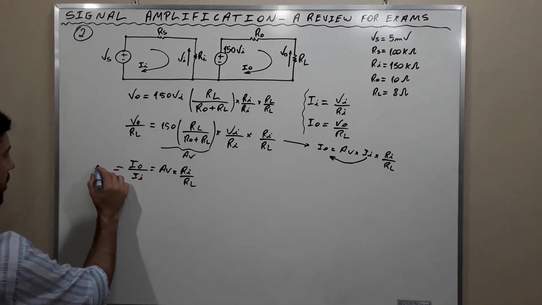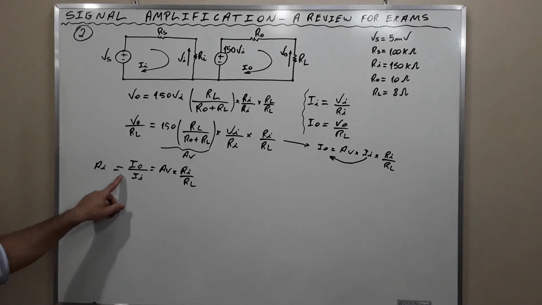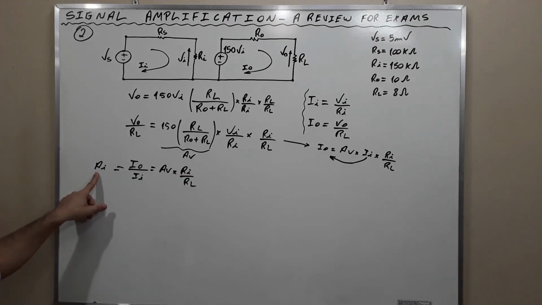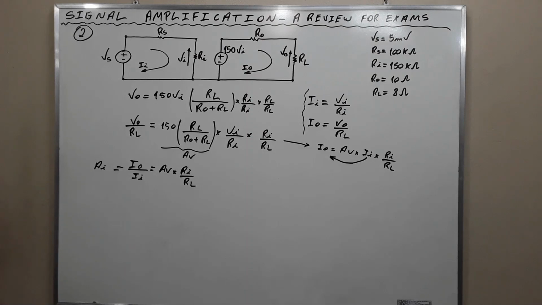And this is the current gain. By definition, the division between the output current and the input current is the current gain. And we are expressing the current gain in terms of the voltage gain here, using these manipulations.